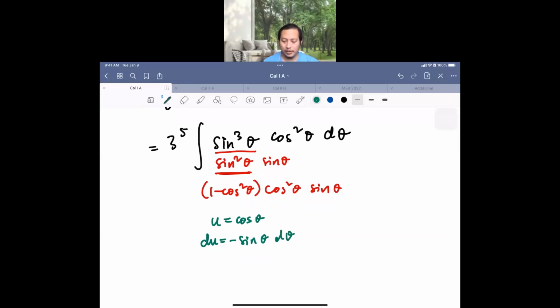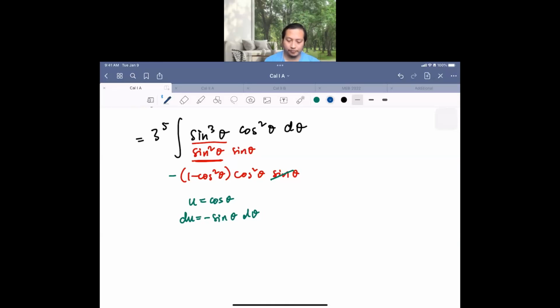Now we still have this, so we can cancel this and take a negative in front. Then we have 1 minus u squared and then u squared. So we'll have negative u squared, negative u to the 4.